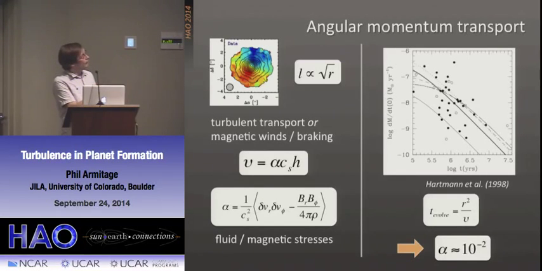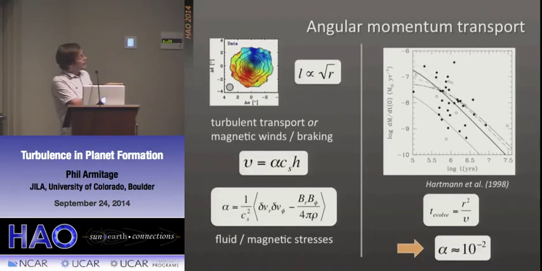This is log of the estimated stellar age, and there is a very rough trend that as stars get older, the rate at which gas is piling onto the star goes down. So you can try and ask if you can associate this rough decline in the accretion rate with time with some sort of evolutionary timescale over which the protoplanetary disk is transporting angular momentum.